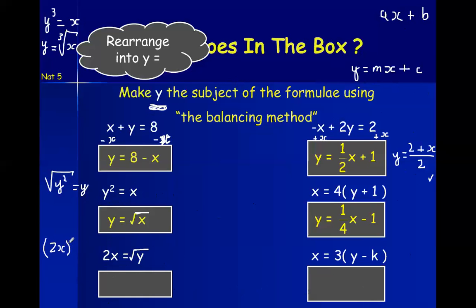And on the other side, you will get y. Because you do 2x and you square it, it's the same as 2 squared times x squared equal y. Remember we did indices at one point? So 2 squared is 4 x squared. So y equal 4x squared would be your final answer.